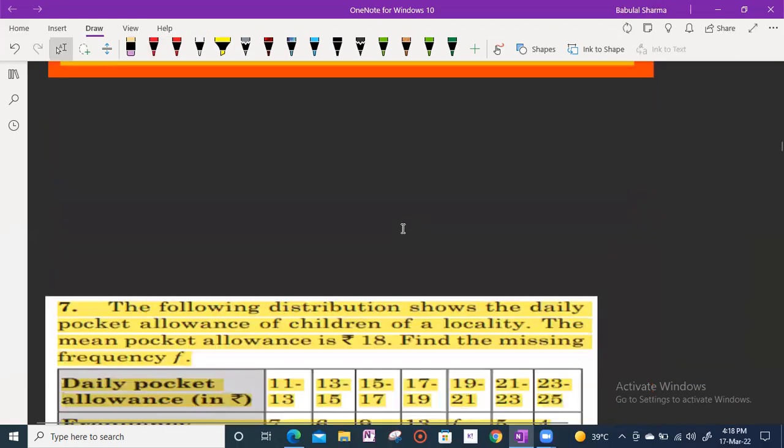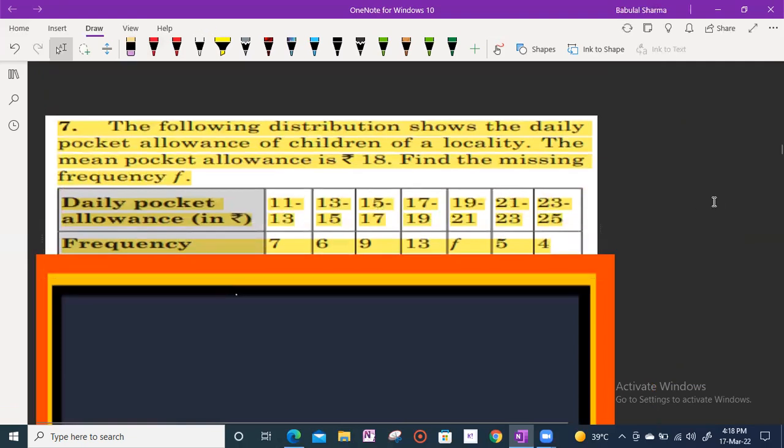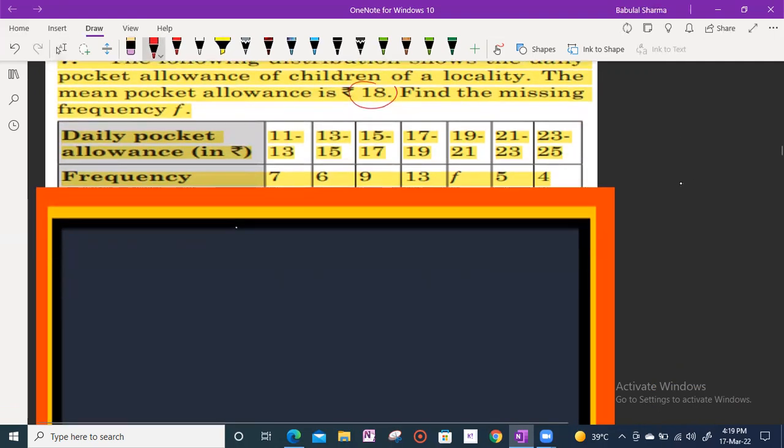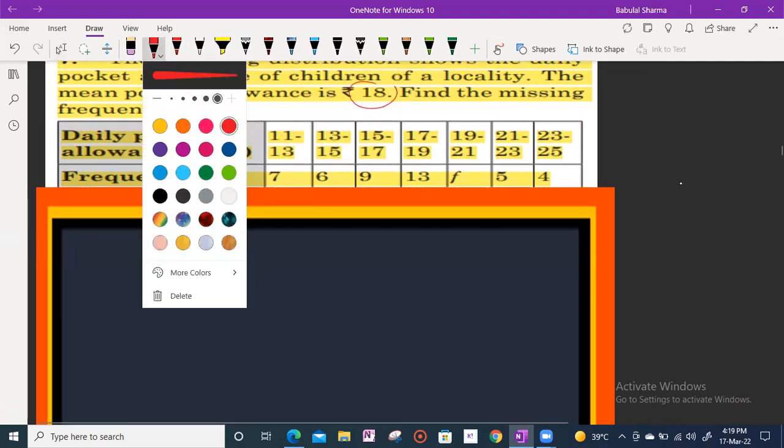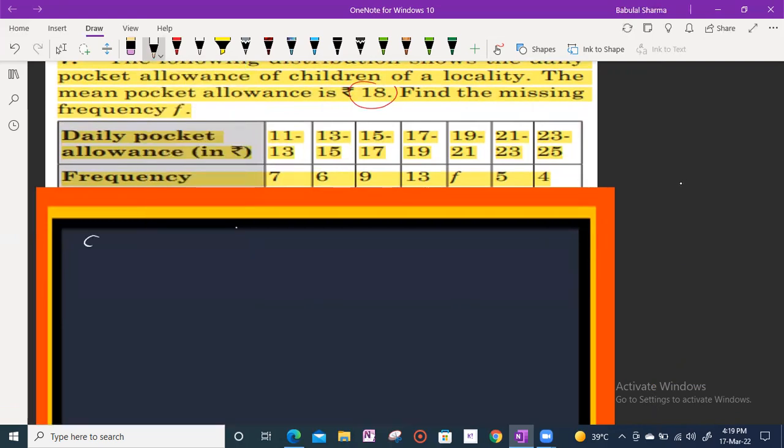Now we come to the next question. Please read the question twice. The following distribution shows the daily pocket allowance of children of a locality. The mean pocket allowance is rupees 18. Find the missing frequency. To solve this type of question, we first write the class intervals and then the frequency.